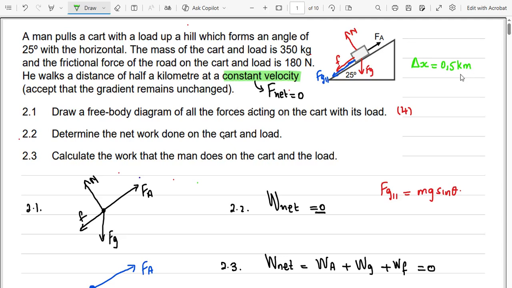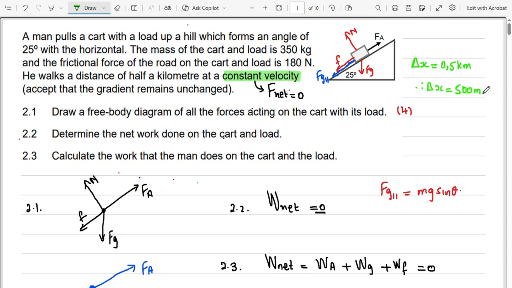So we need to convert this and put it in meters. The best way to do this, we need to multiply the 0.5 by 1,000, not 100, because we are converting from kilometers to meters, which gives us 500 meters.